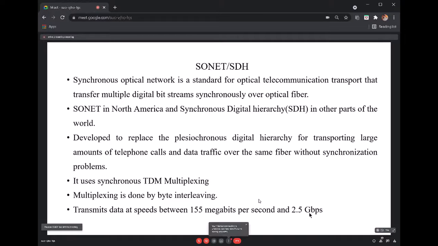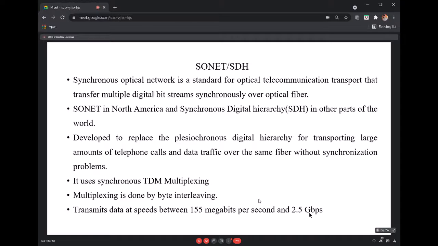This is how you calculate the capacity of your fiber, right? This is called STS-1, that is synchronous transport signal 1.